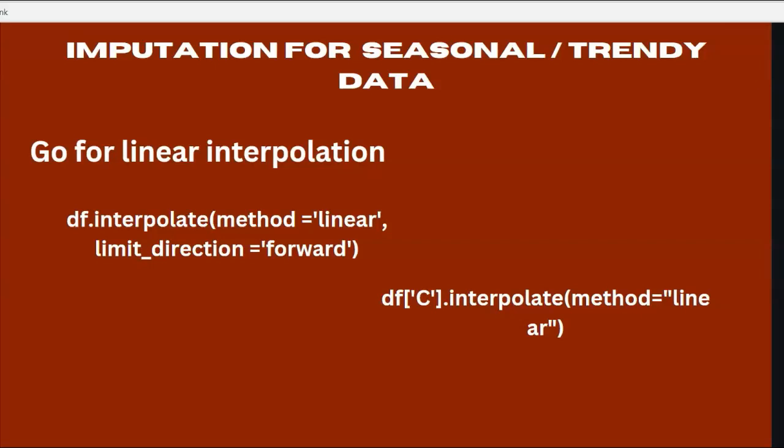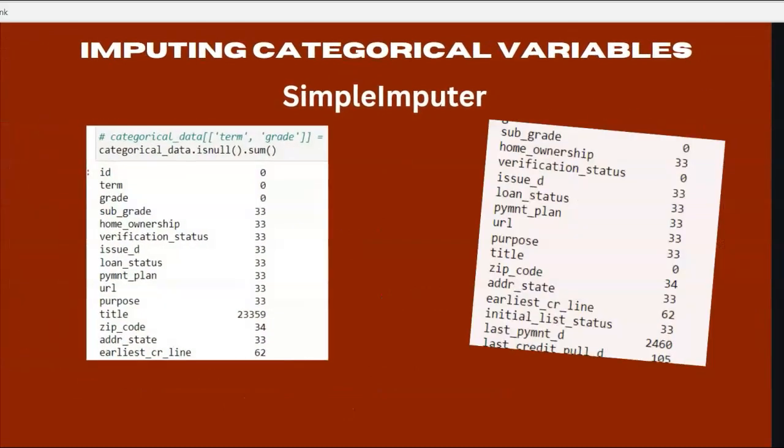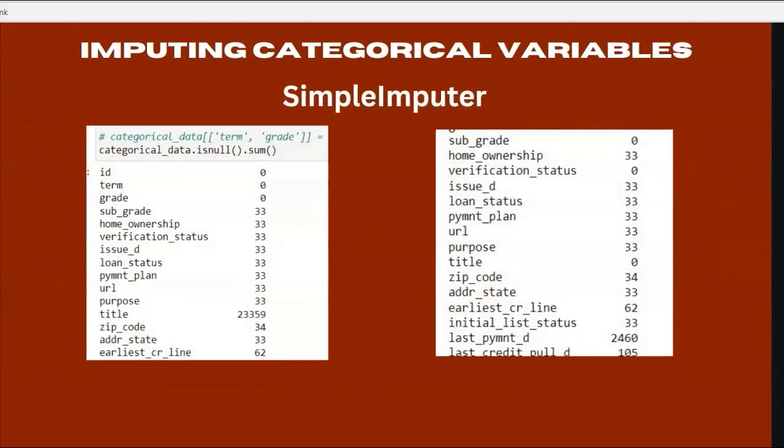So it will replace all the points with the interpolated values that it computes. So that is what we are going to do in case the data is seasonal and trendy. It's the same thing, backward, forward, and then the normal interpolate expression. Once you are done with that, we'll go for the categorical variable.